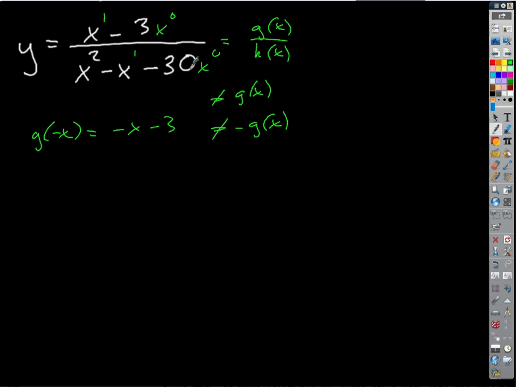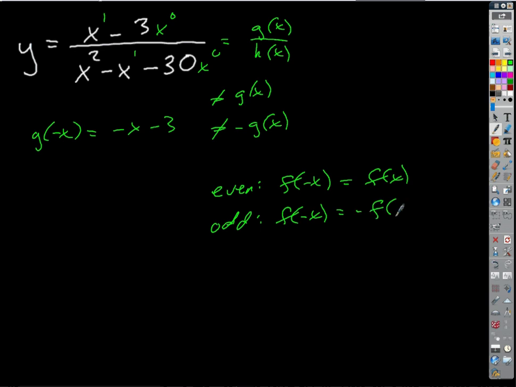If you think about what the meaning of even and odd is, if even symmetry is f of negative x equals f of x, and odd symmetry is f of negative x equals negative f of x, it's essentially following the sign rules, isn't it?